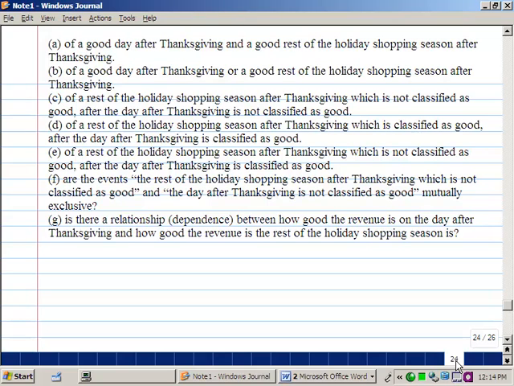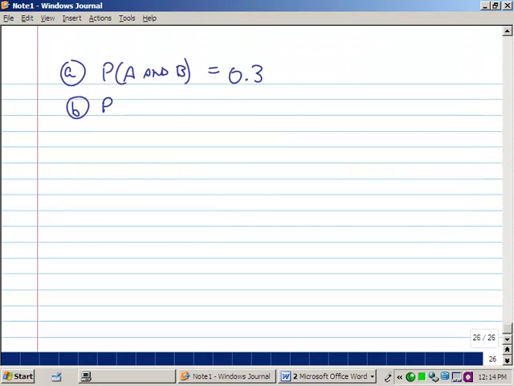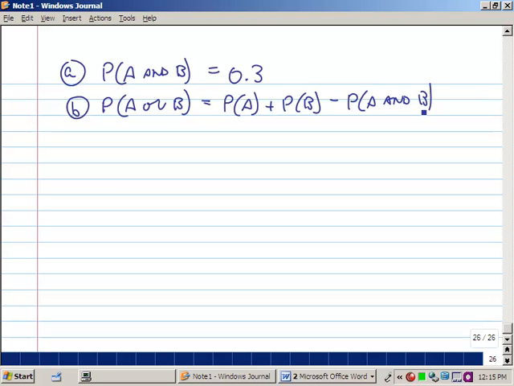Question B: a good day after Thanksgiving or a good rest of the holiday season. So that's A or B. The first one was A and B. For A or B, the addition rule: it's probability of A plus the probability of B minus the probability of A and B. Let's have a look at the table.